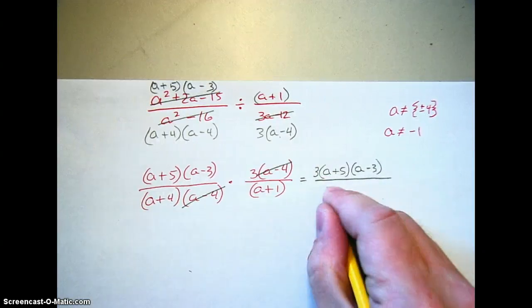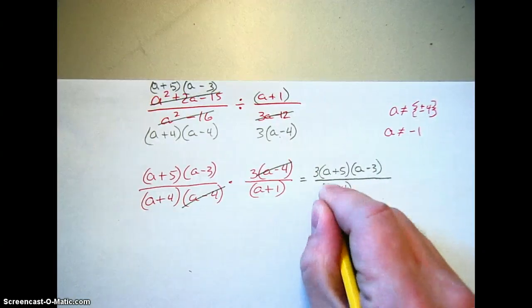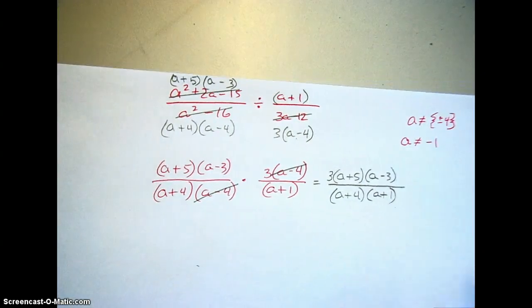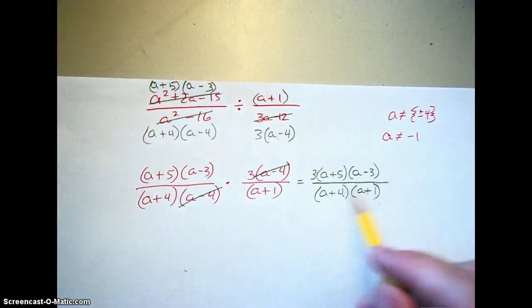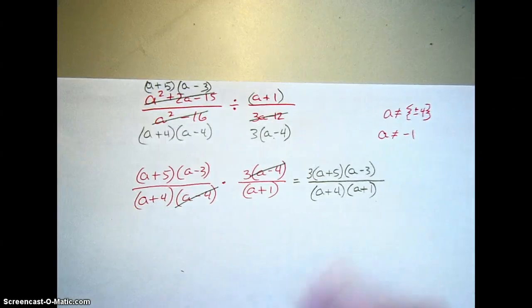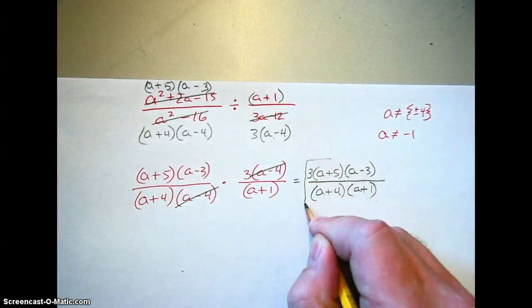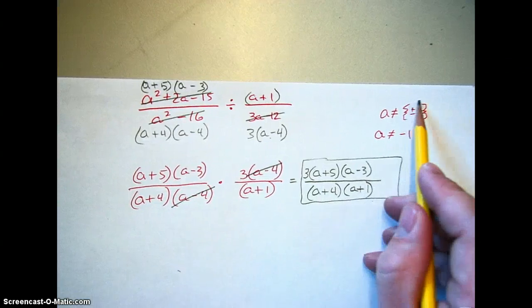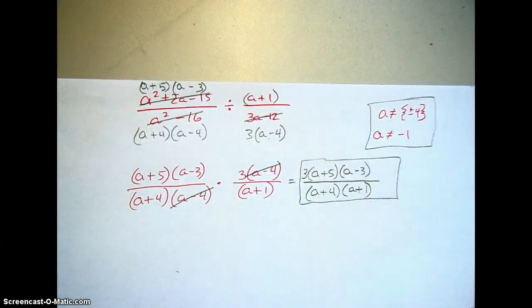On the bottom we get a plus 4 times quantity a plus 1. You can multiply them out if you want, you don't have to do that. It's nice if it's in factored form. I just leave it like that. So that's the simplified version with our restrictions. Even though it doesn't look too simple, it is in simplest form.